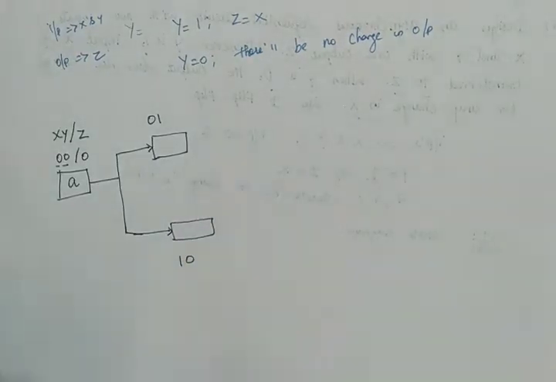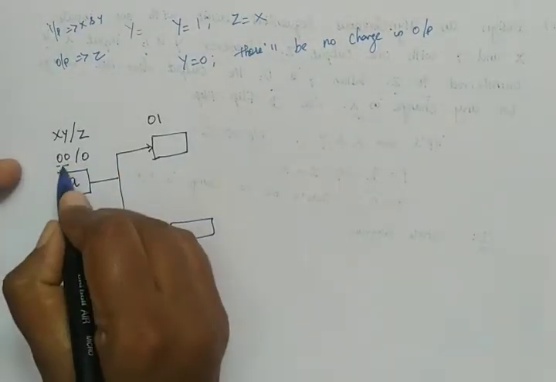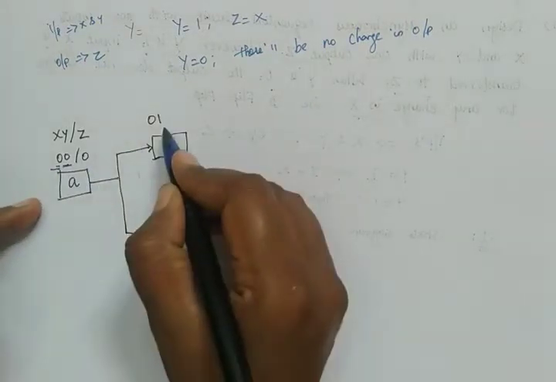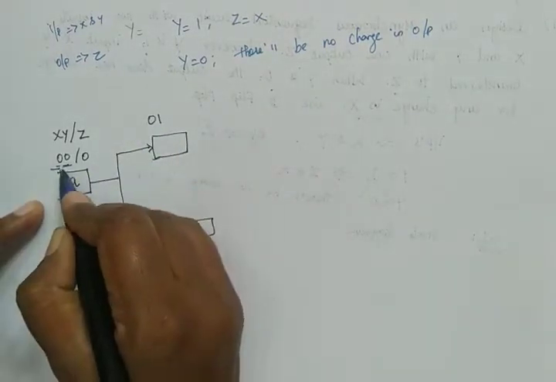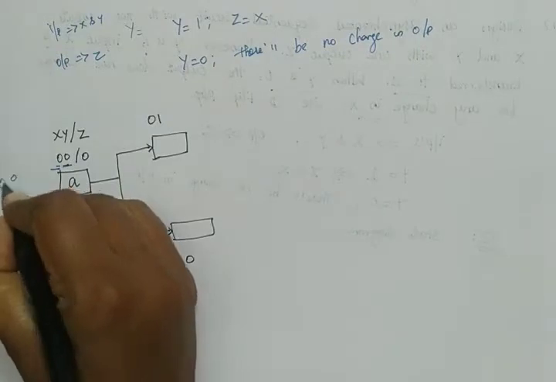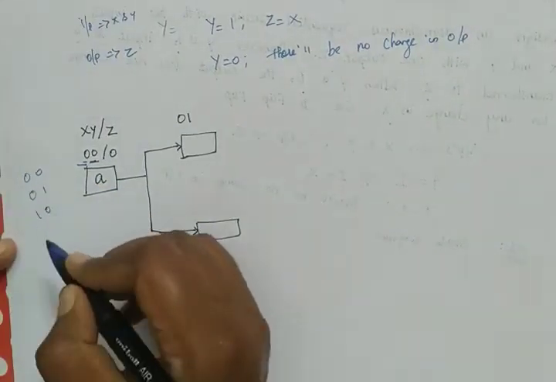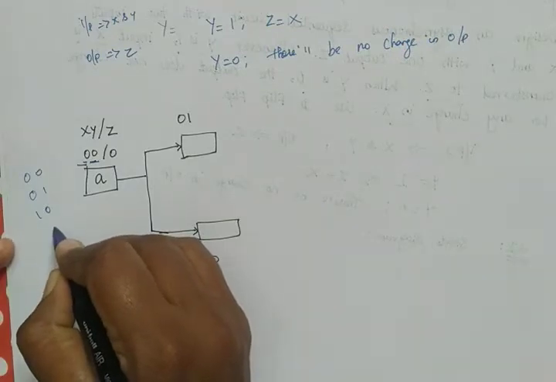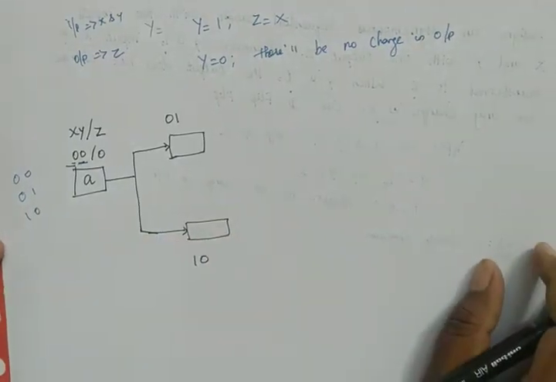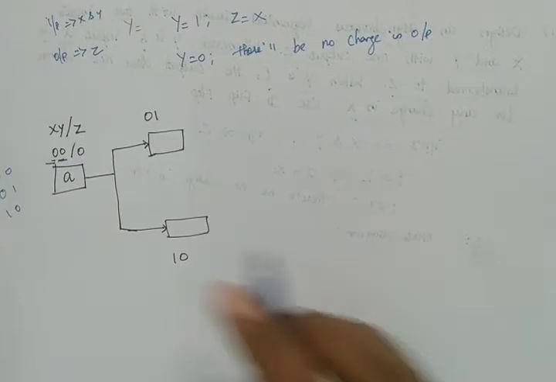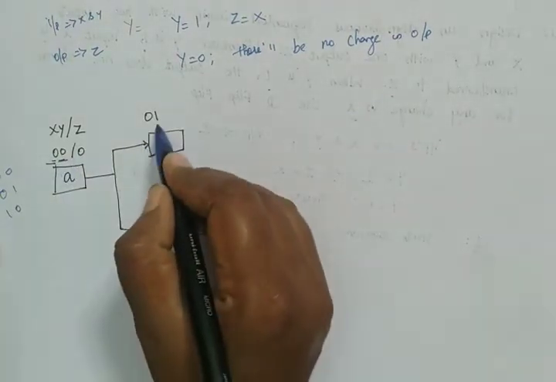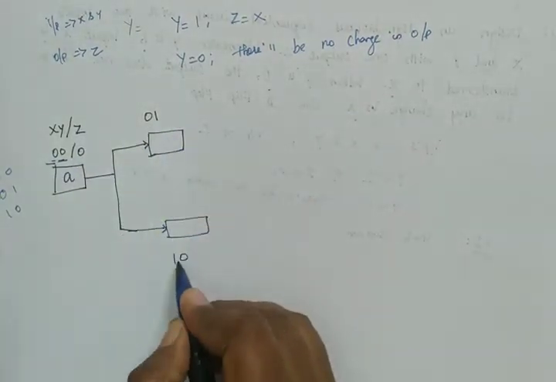Here we should have only 1 bit change. So if we change 0, 0, either we will have 0, 1 or 1, 0, because we cannot put 1, 1. If you put 1, 1, 2 bits will change together. So for 0, 0, it may be either 0, 1 or 1, 0.